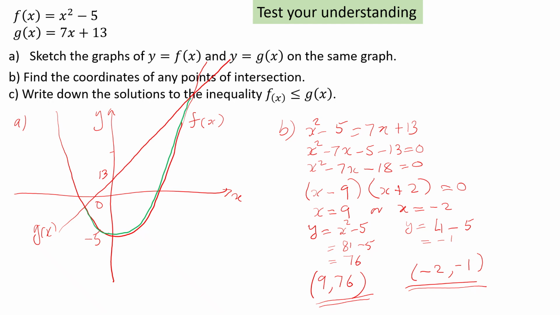So the intercept points are (-2, -1), this is one point, and the other point (9, 76). So between minus 2 and 9, the inequality: minus 2 less than or equal to x, and less than or equal to 9. So this is the inequality.